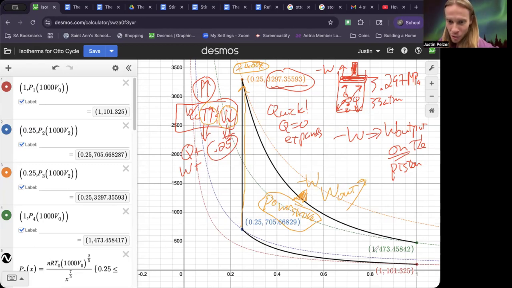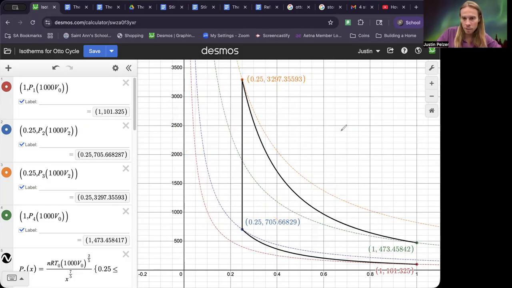You built up this pressure, work input, right? Heat input, right? Positive Q, right? That's work, W in, right? Work input, now heat input, and then power output. So what you can do is figure out the final temperature and the final pressure, again, adiabatic expansion. You know the formulas.